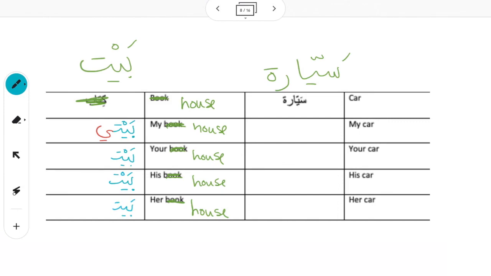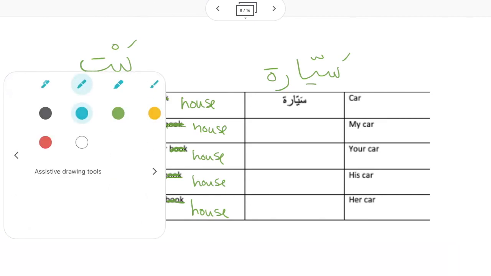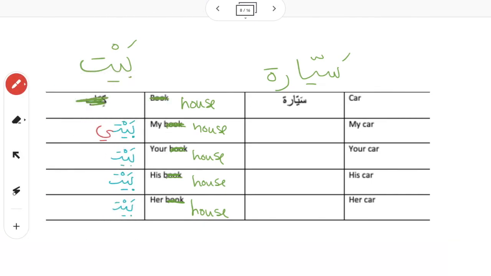And those pronouns that we're attaching are going to connect to that letter ta. So baiti, my house. Baituka and baituki, depending on the gender of who your is, your house. So obviously it won't take both. I'm just saying that if it's masculine, it'll take fatha. If it's feminine, it'll take kasra. Baytuhu, his house. And baytuha, her house.